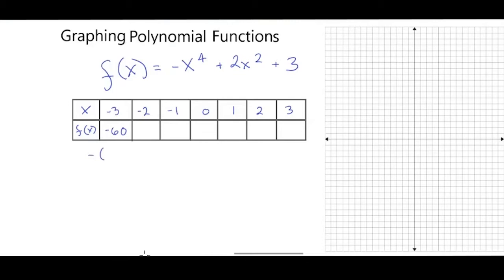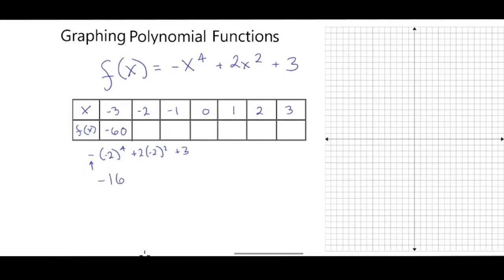So now we'll do the same process for -2. So it's -2 to the fourth plus 2 times -2 squared plus 3. Well, -2 to the fourth power is -2 times -2 times -2 times -2, and that's positive 16, but there's a negative out front, so it'll be -16.